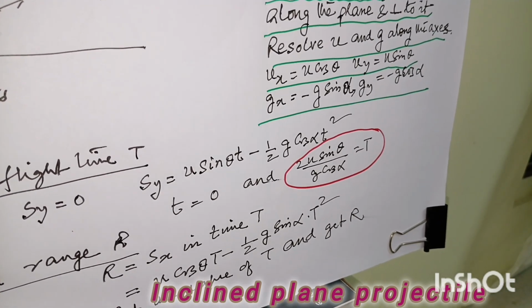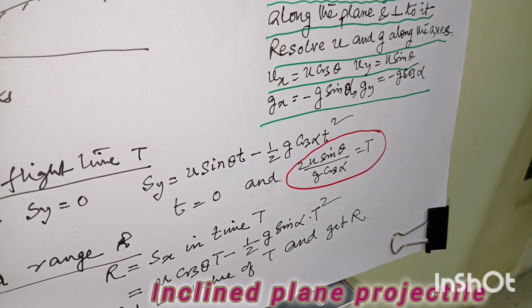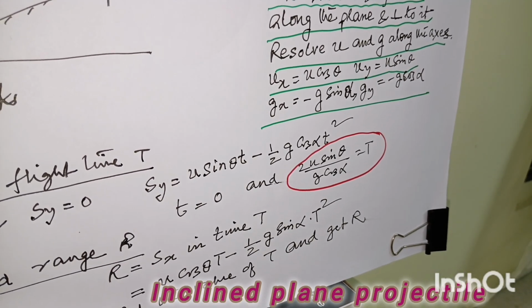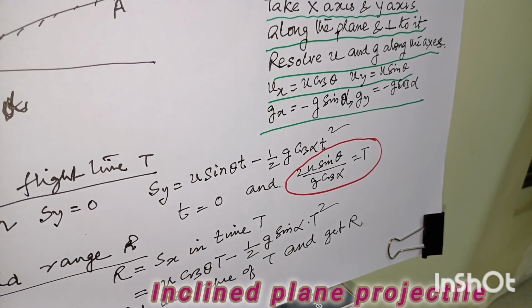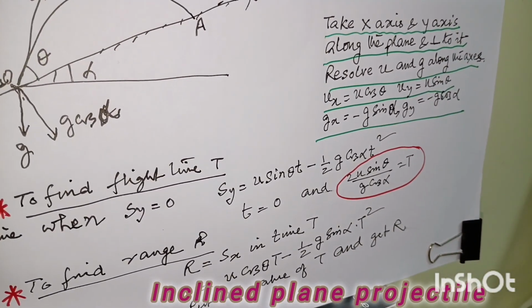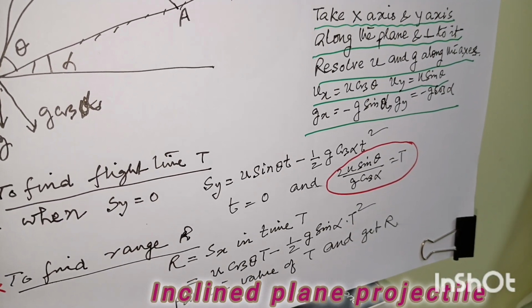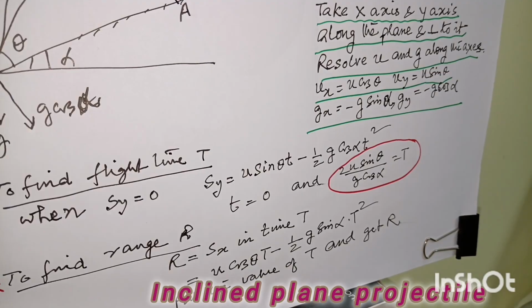Then ux becomes u cos theta, uy becomes u sin theta, gx becomes minus g sin alpha, means it is backward, and gy becomes minus g cos alpha. So we put this in the kinematics formula, and we find t and also we find R.